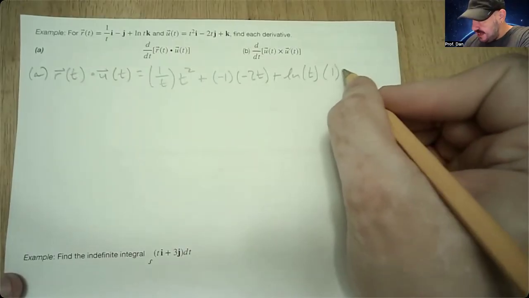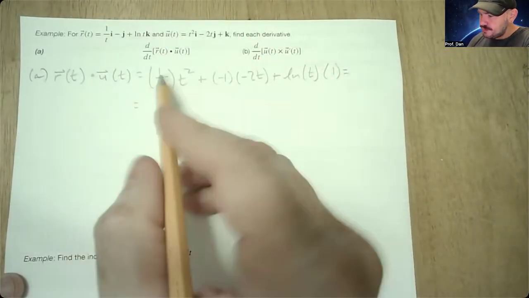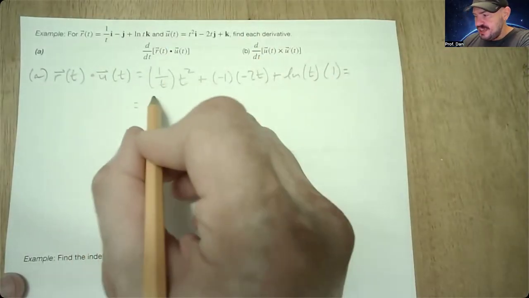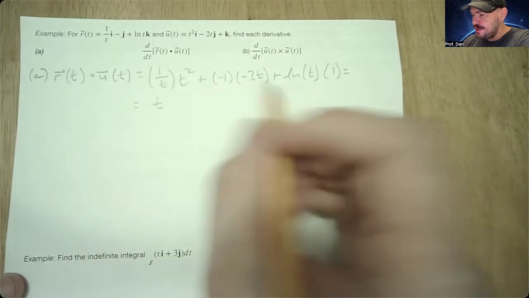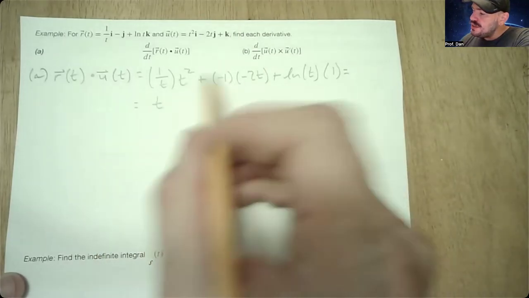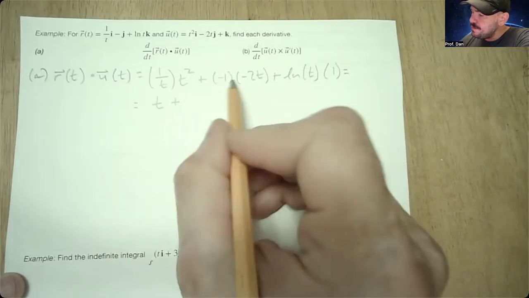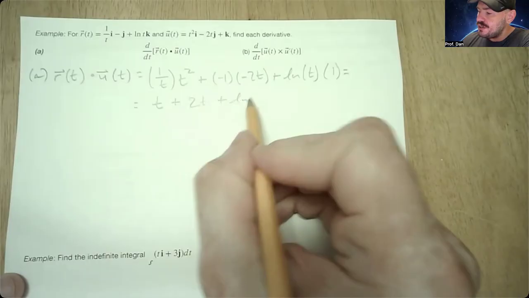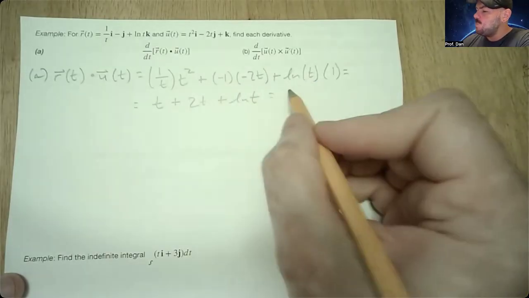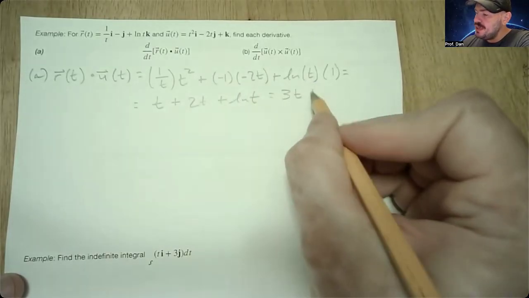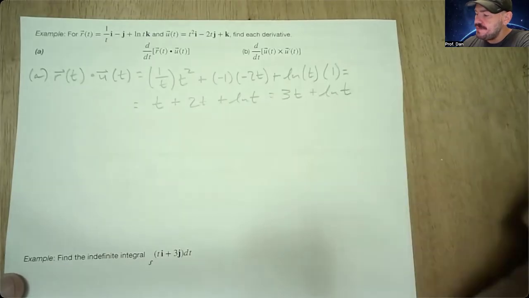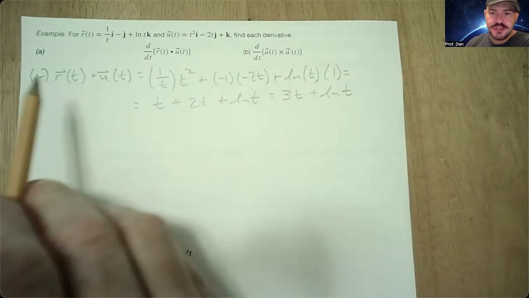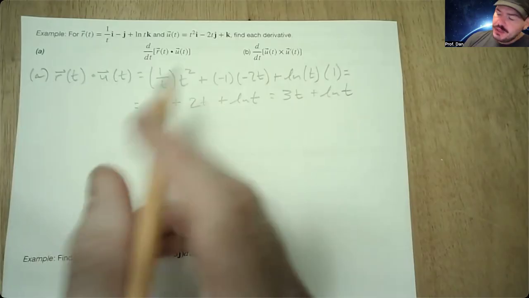So the result that I get, this is going to end up giving me t. This is going to give me 2t. And this is going to give me the natural log of t. So I end up getting 3t plus the natural log of t. So that is the dot product of r and u.